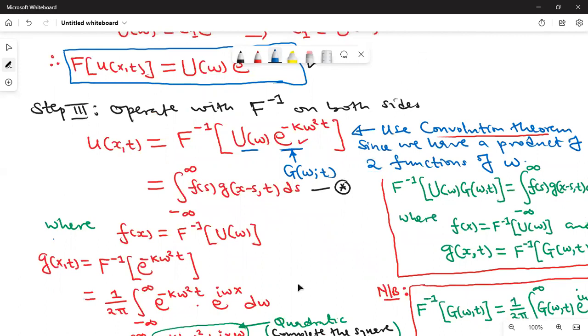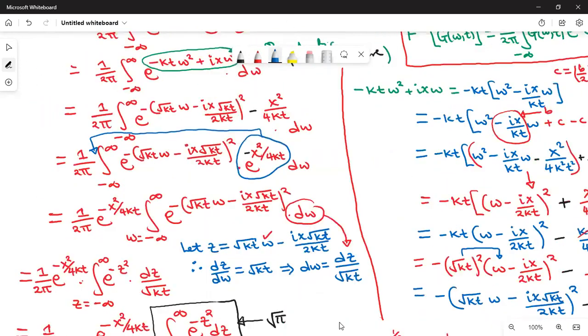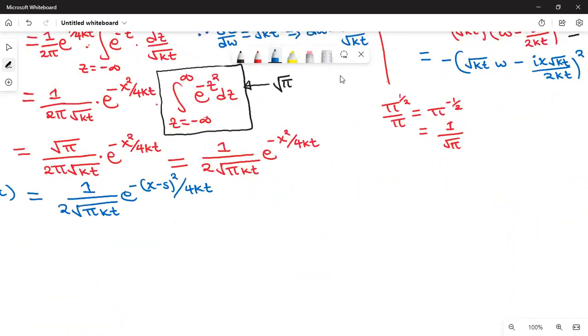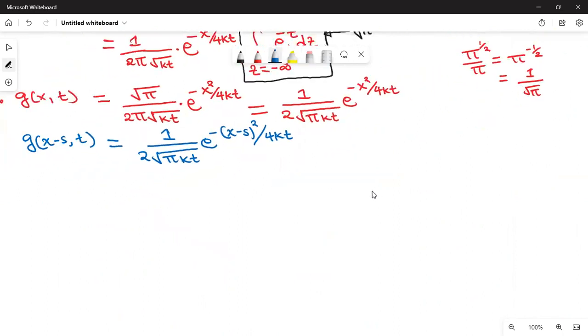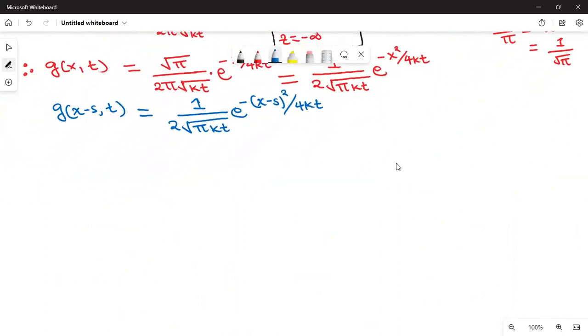That will be our particular solution. Now we are going to substitute this into equation star.